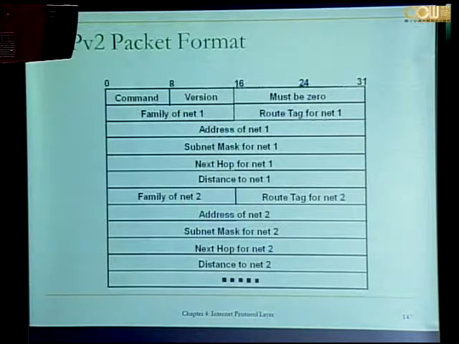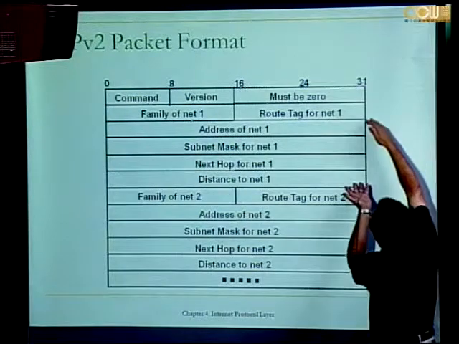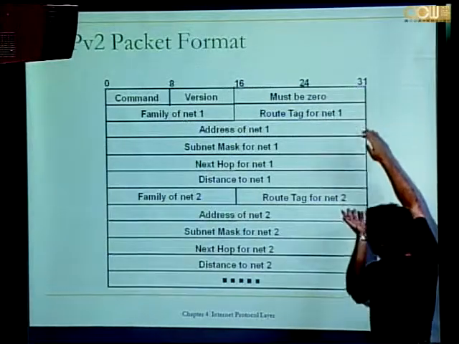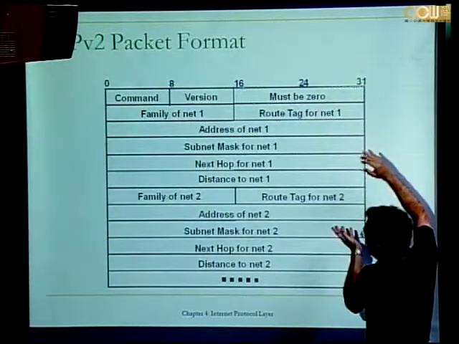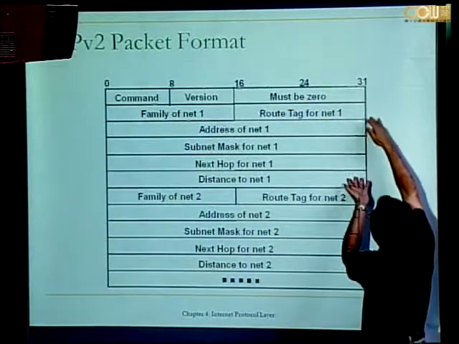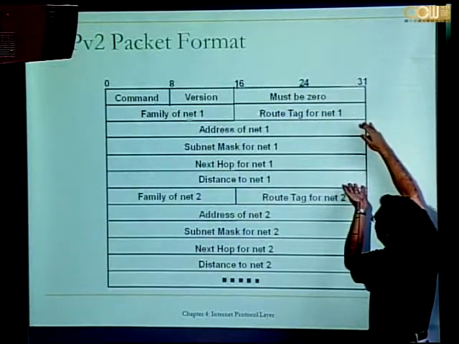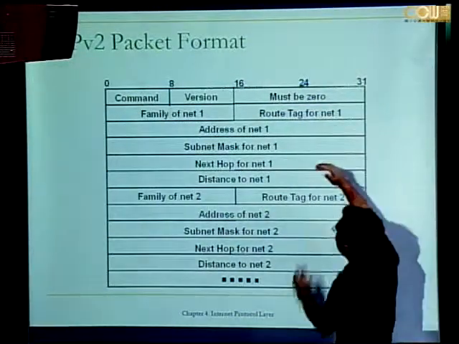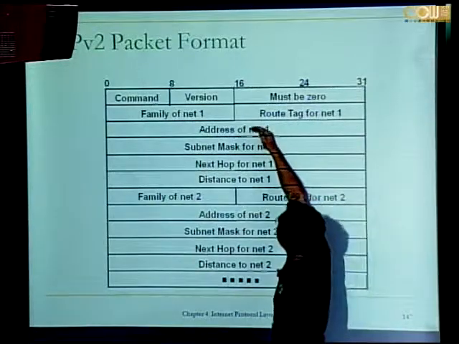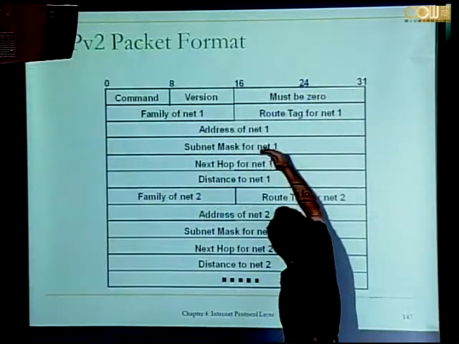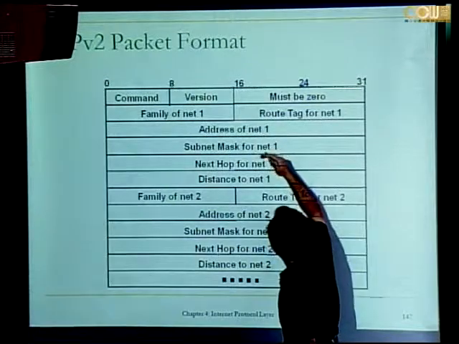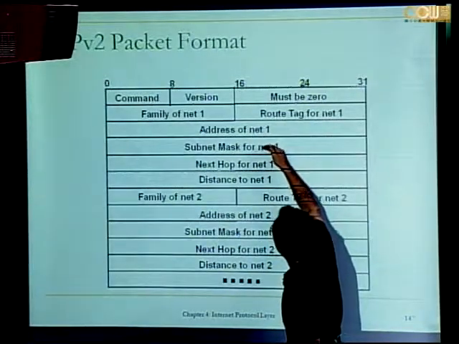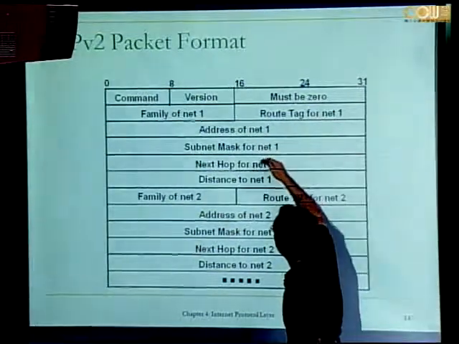So the protocol message looks like this. Each distance vector entry tells you the address of the destination network, the subnet mask for that network, and the next hop distance.